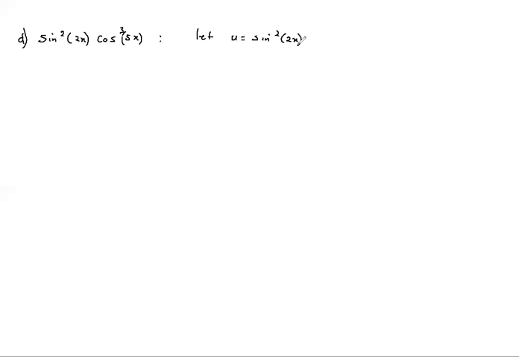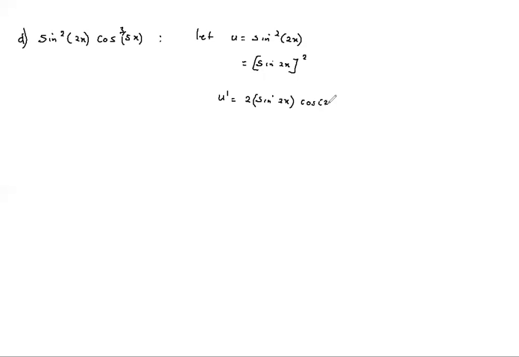Now in here, this is the same as sine 2x squared. When you see the square there, it's the same as seeing it outside. Okay? Now to get the derivative of u, we first drop the power and we have sine 2x to the power 1, and then differentiate sine.